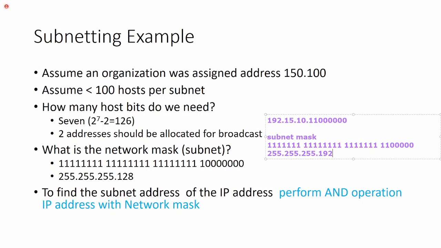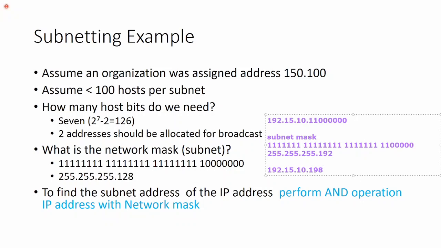To find the subnet address of an IP address, perform an operation of the IP address and the network mask. Right. Now, for example, let's say one of the IP addresses of your system is 192.15.10.198, right?